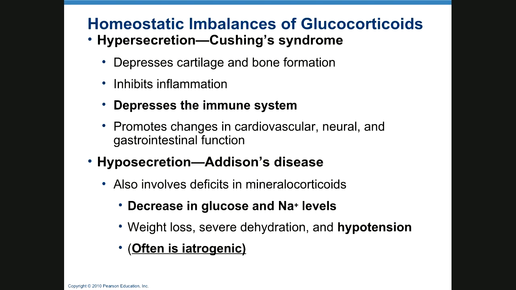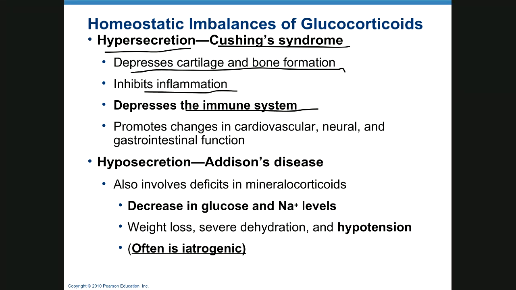Homeostatic imbalance of glucocorticoids. Hypersecretion is Cushing's syndrome. Cartilage and bone formation is going to be depressed, so you end up getting osteoporosis in these patients. Inhibits inflammation, inhibits the immune system. So these are immunosuppressant drugs.